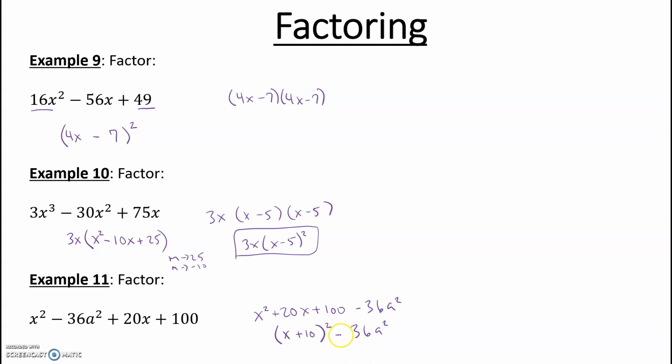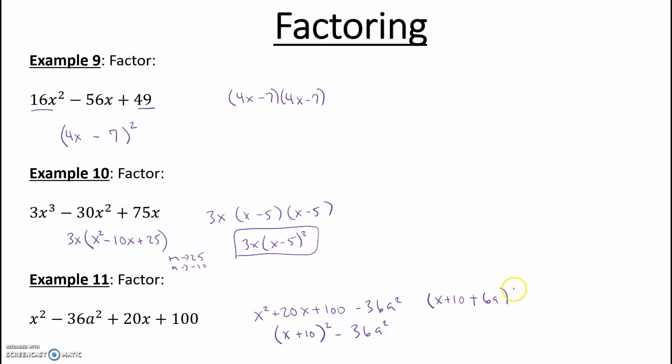So now you have difference of two perfect squares. I know it's a little bit different way of thinking about it, but it is still difference of squares. So you'll square root x plus 10, square root 6a, all right?